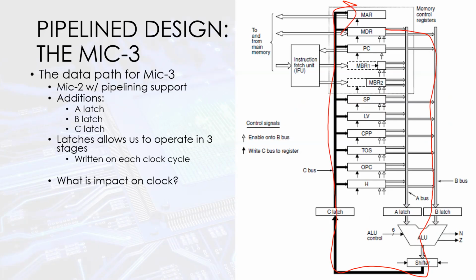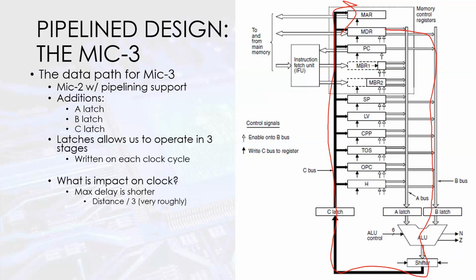Maybe it was 5 nanoseconds, maybe 10, maybe 1, but let's just call it X. The general impact is that, very roughly, our clock cycle is going to be divided by 3, because we converted this long single stage data path into 3 smaller data paths that we can execute in parallel.